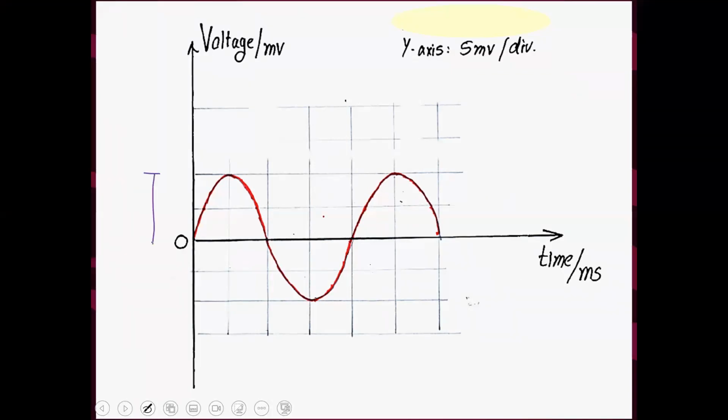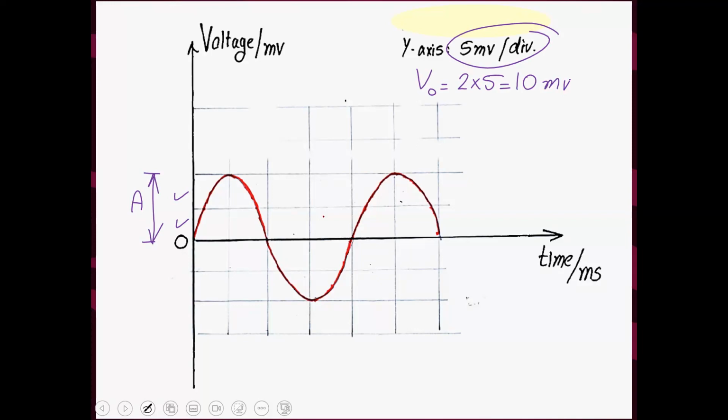Look at the screen. This is the amplitude. Now count the boxes. There are two boxes, two divisions, and look at the scale. So in order to find the peak voltage, you will multiply 2 by 5 and you will get 10 volt.